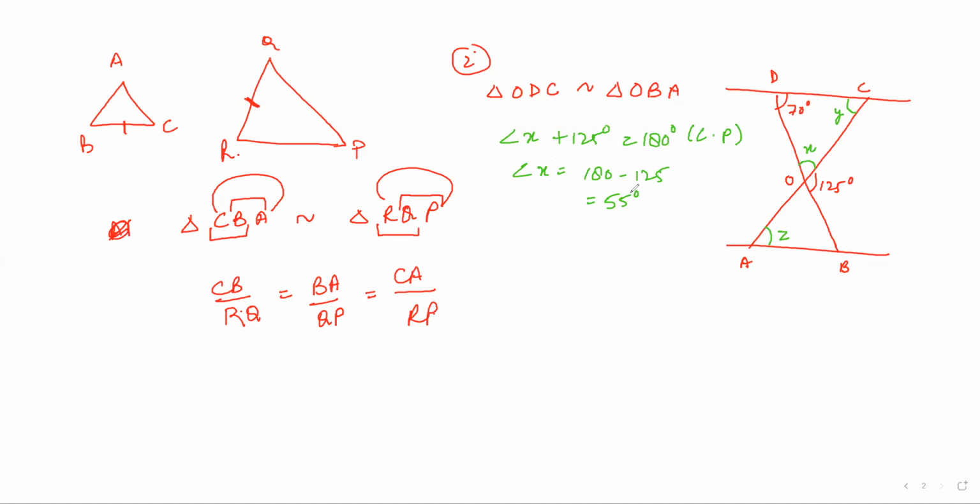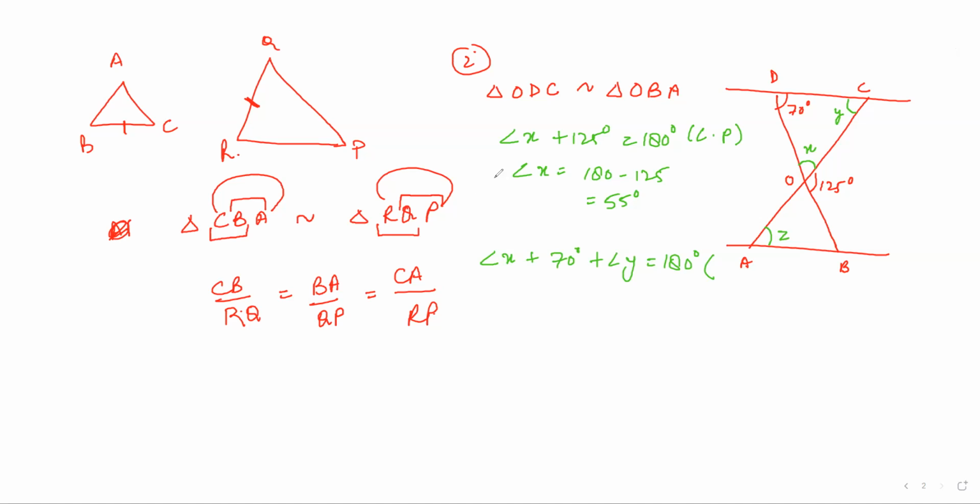70 plus 55 plus Y equal to 180. Very good. So angle X plus 70 plus angle Y is equal to 180 degrees. What's the name of the property, Abdullah? Come on, Abdullah, type it quickly.